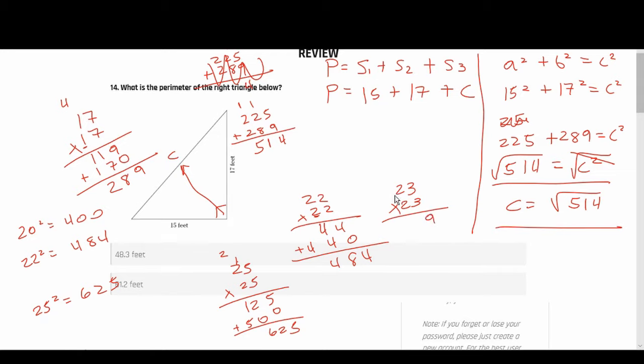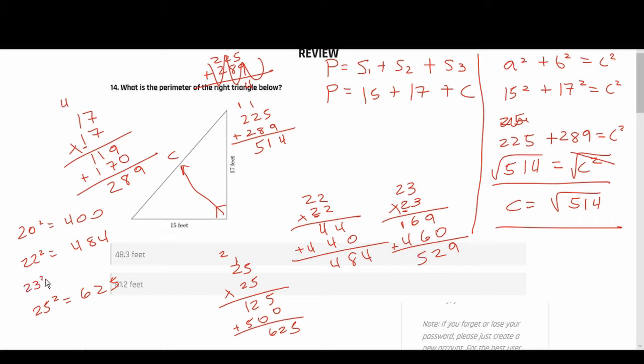3 times 3 is 9. 2 times 3 is 6. Add a 0 since we're starting this number. 2 times 3 is 6. 2 times 2 is 4. Let's add. 0 plus 9 is 9. 6 plus 6 is 12. Carry the 1. 4 plus 1 is 5.